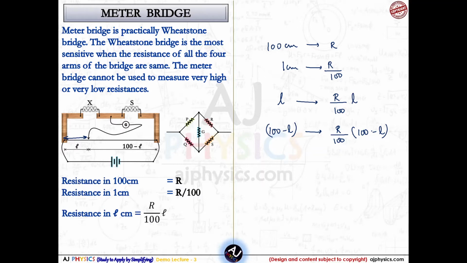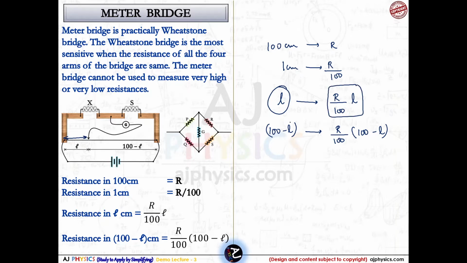Now the basic thing is, I have divided the wire in two portions. The first portion is having length L, and this is the resistance of the first portion. The second portion of the wire is having length 100 minus L, and the resistance of that portion is in the same ratio, the length ratio.